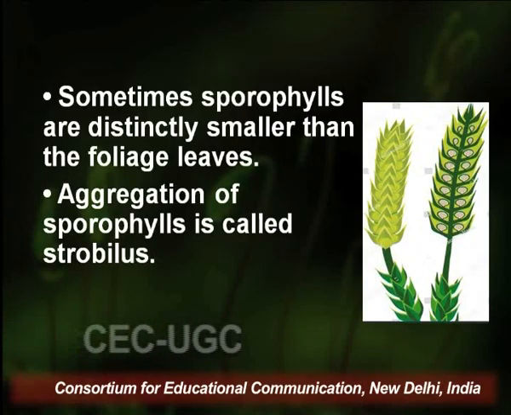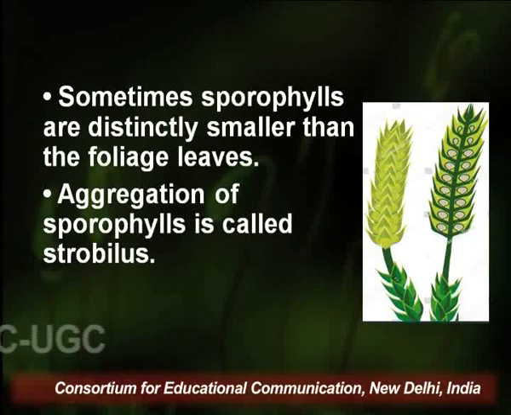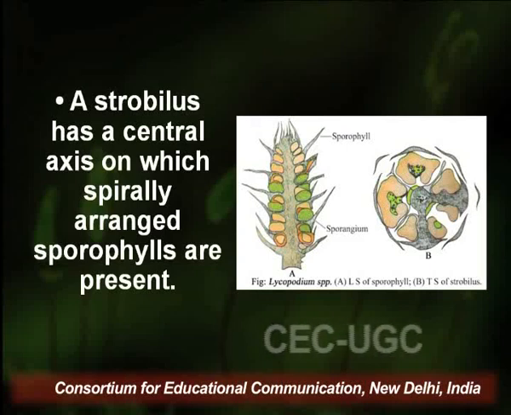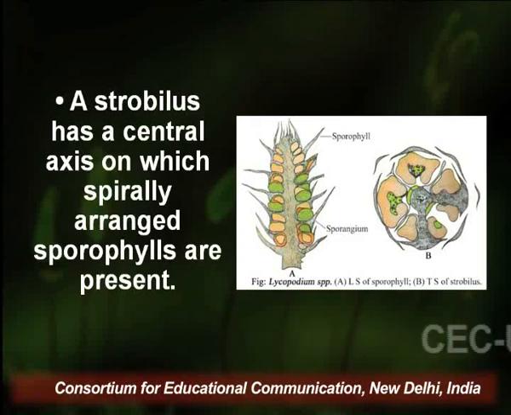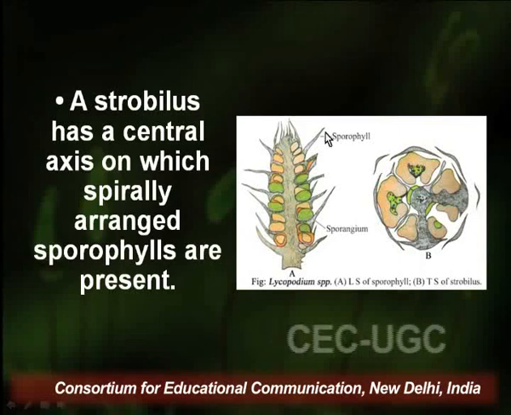But in case of Rhopalostachya, the leaves near the apices bear sporangia, and they are called sporophylls. Sometimes these sporophylls are distinctly smaller than the foliage leaves, and this aggregation of sporophylls is called a strobilus. Strobilus has a central axis on which spirally arranged sporophylls are found, and these sporophylls bear sporangia in their axils.